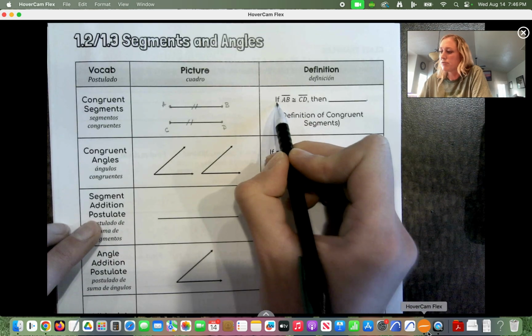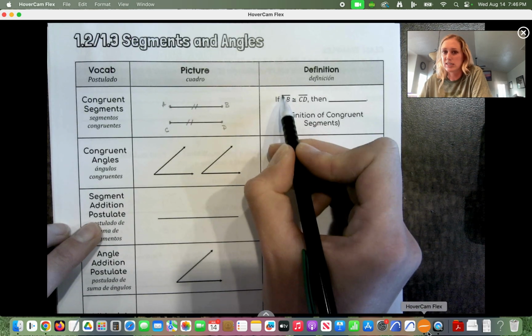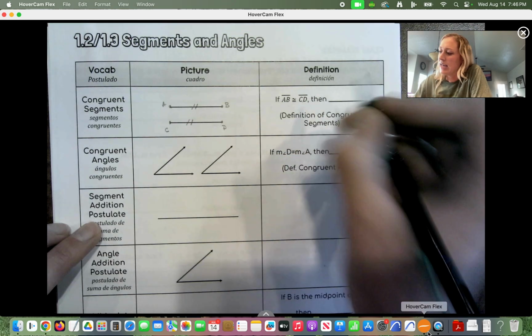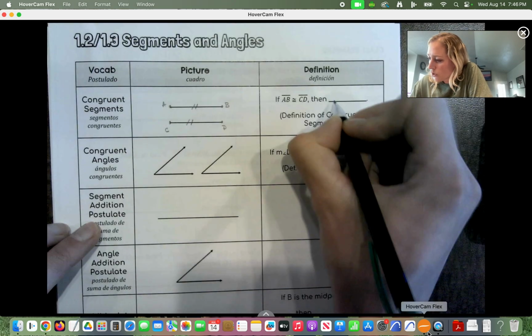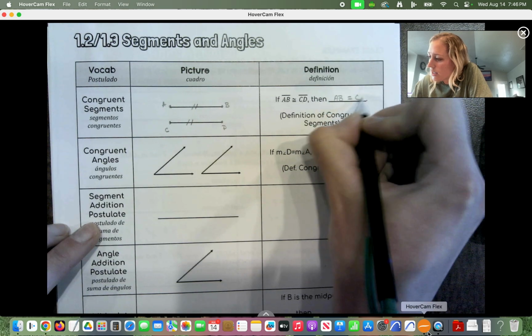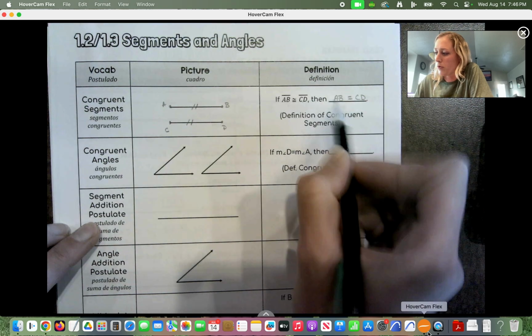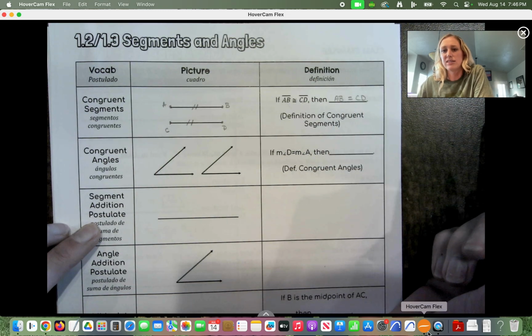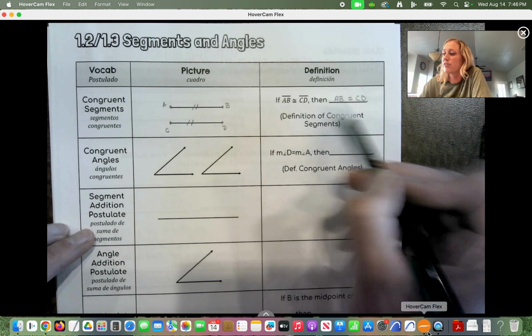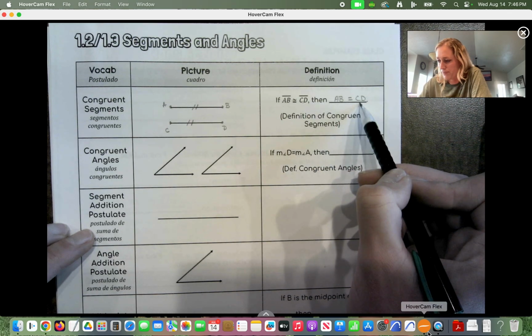So it says if segment, notice my notation is a segment, if segment AB is congruent to segment CD, then, and this part's kind of weird, we're going to use AB and CD without the segment symbols, and I'm going to use an equal sign instead of congruent. So what this says is if these two segments are congruent, then their measurements are equal.